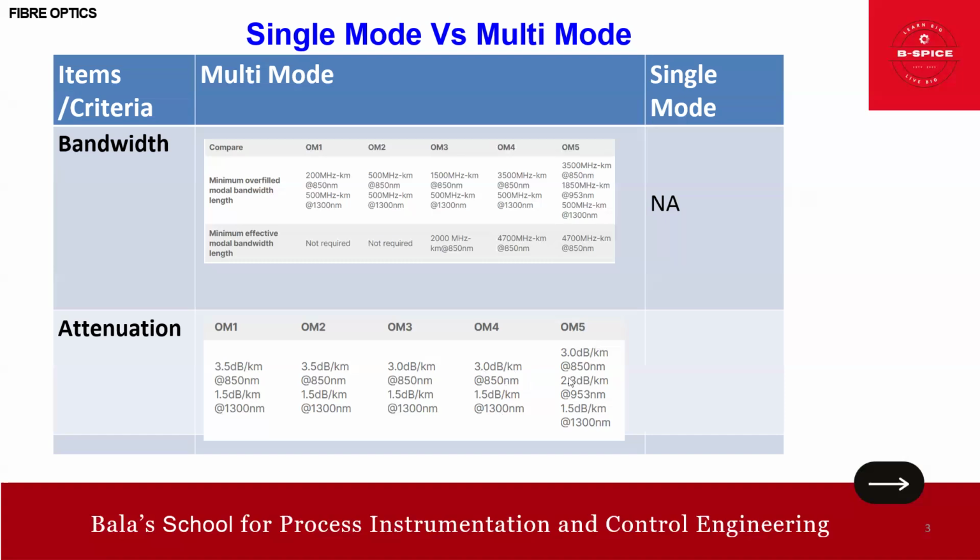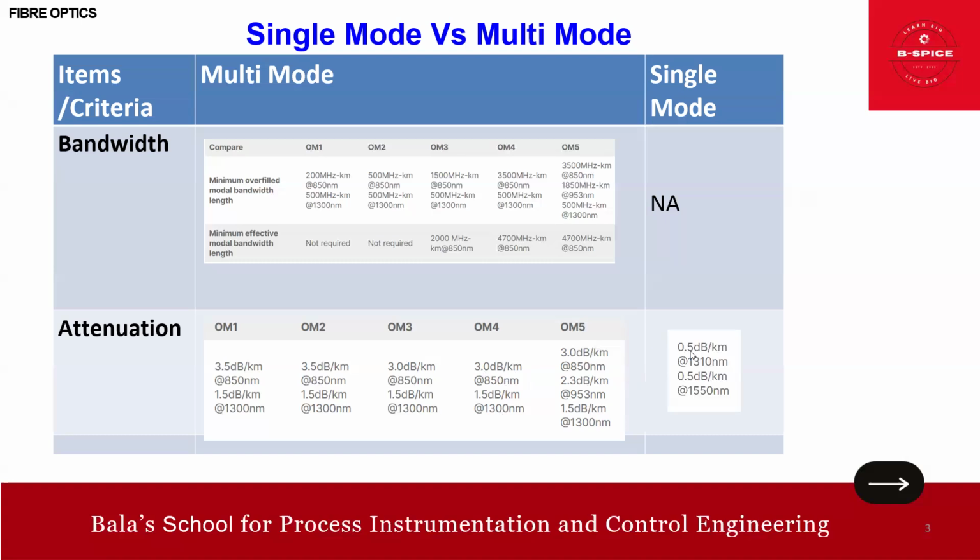And here we have various attenuation: 3 dB per kilometer at 850, 2.3 dB per kilometer at 953, and 1.5 dB per kilometer at 1300. So this is about the attenuation, the reduction in signal strength. Then how about single mode?